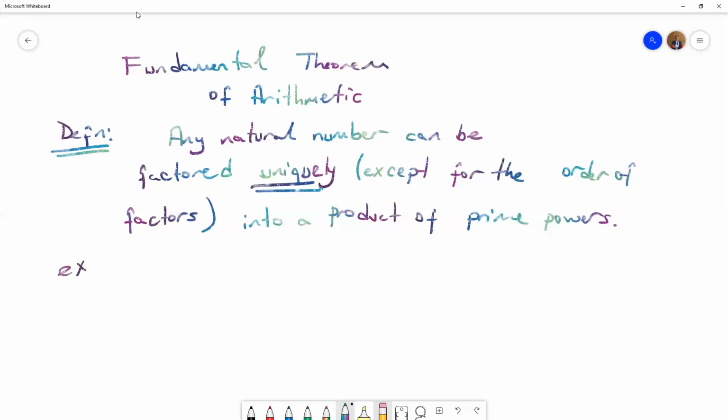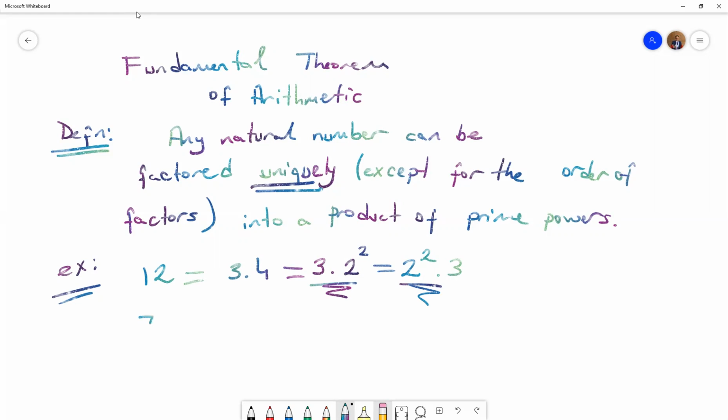Let's give an example for this one, such as 12 is equal to 3 times 4. So we can write it as 3 times 2 to the power 2, or we can write the order like that, but this is unique. In the definition, what we can say, except for the order of factors. The order changes, but it is uniquely defined. Maybe another one, 70 is equal to 2 times 5 times 7.